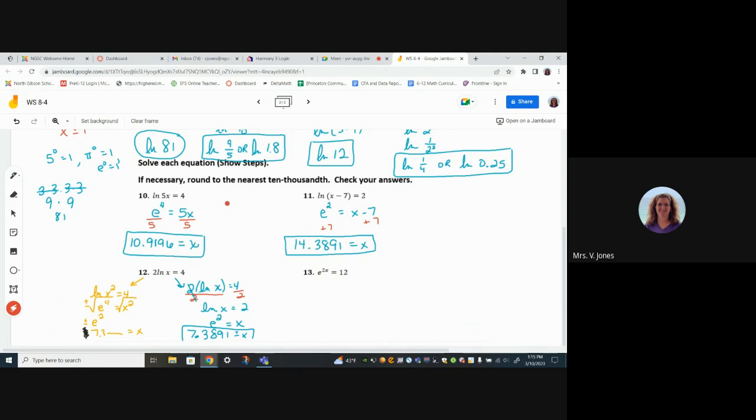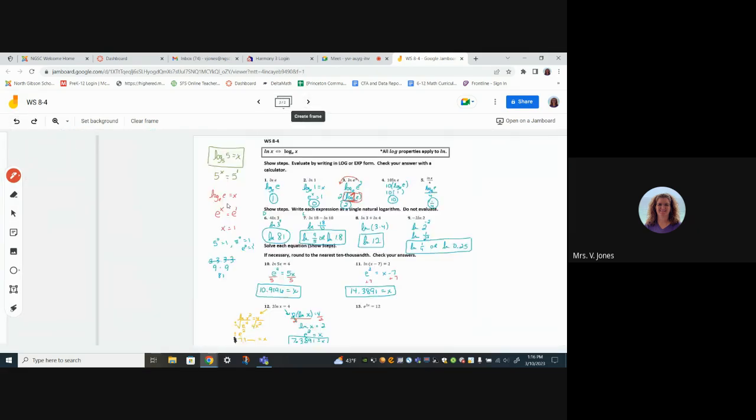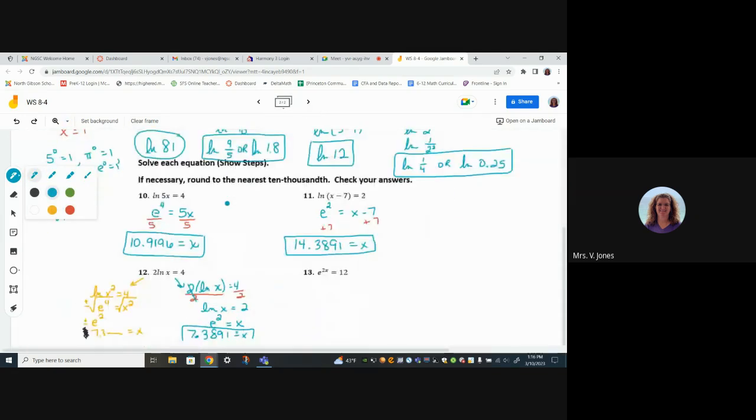So the other day what we did was we took the log of both sides. And that will work. That will give you the right answer. But if you take the natural log of both sides, something nice will happen that saves you a step.